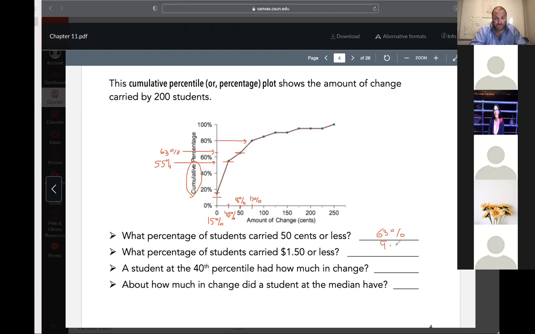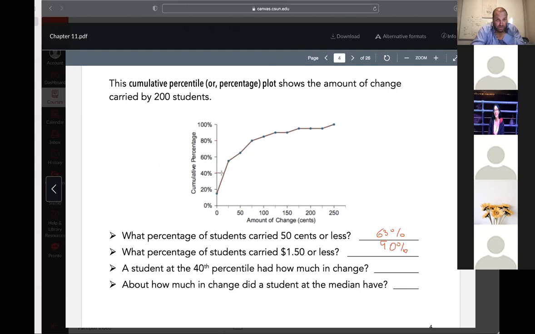Now, better question. A student at the 40th percentile carried how much? Like 10 cents? Well, I'll take a look.